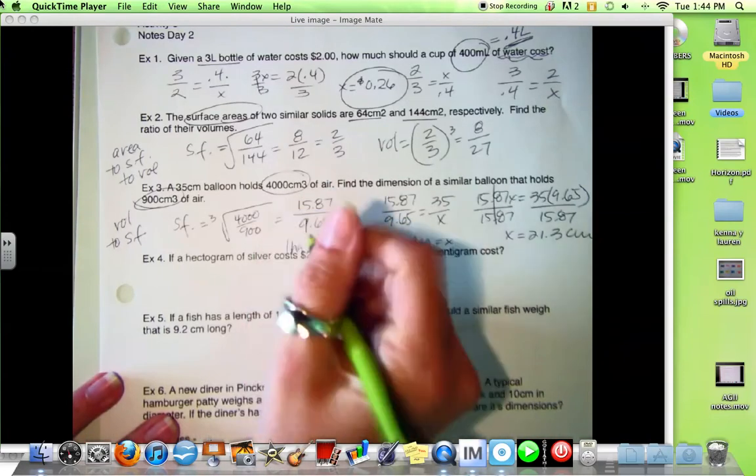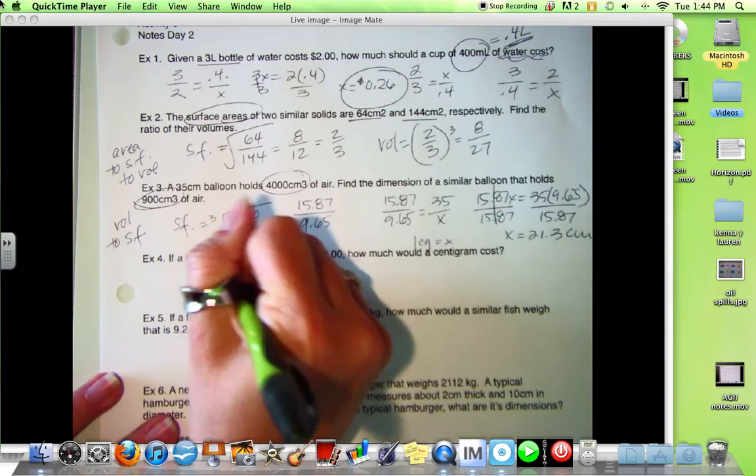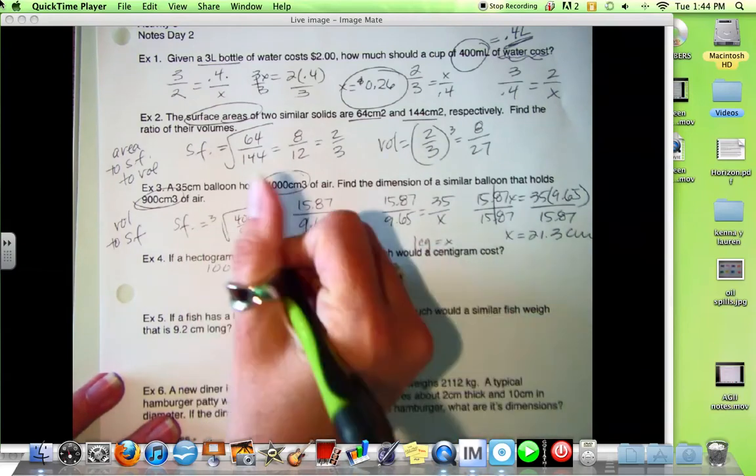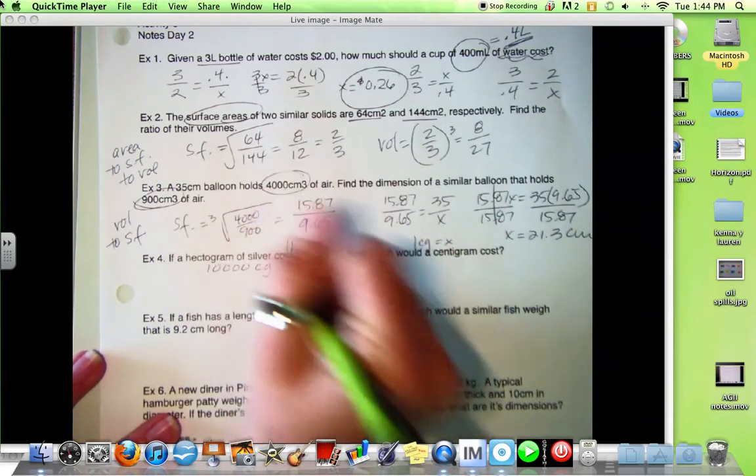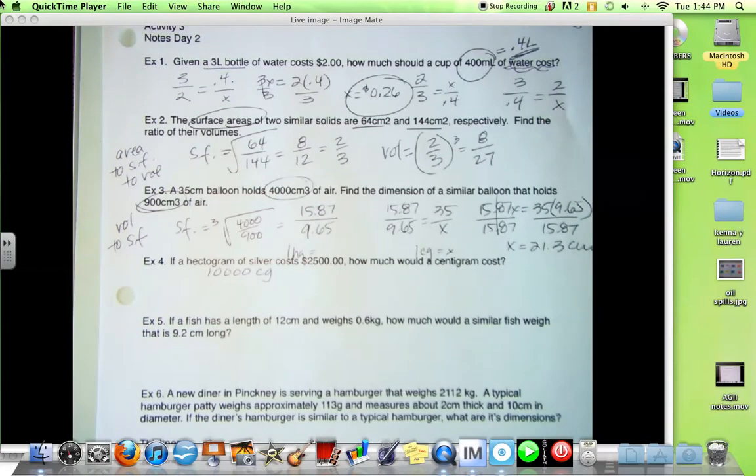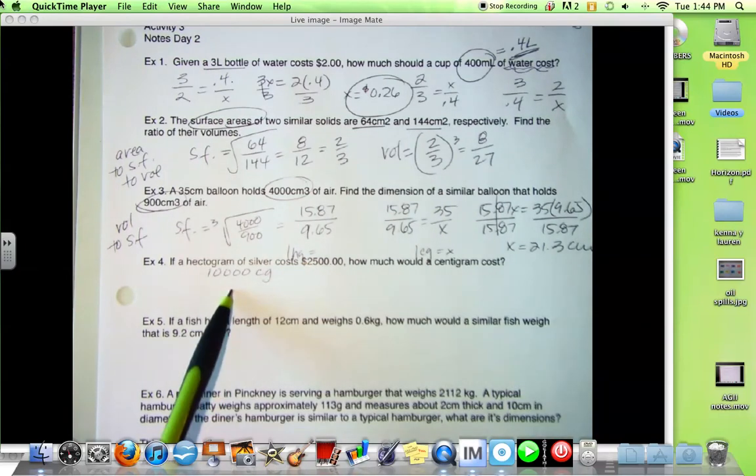So we're going from 1, 2, 3, 4. So we have 1 hectogram equals 10,000 centigrams.